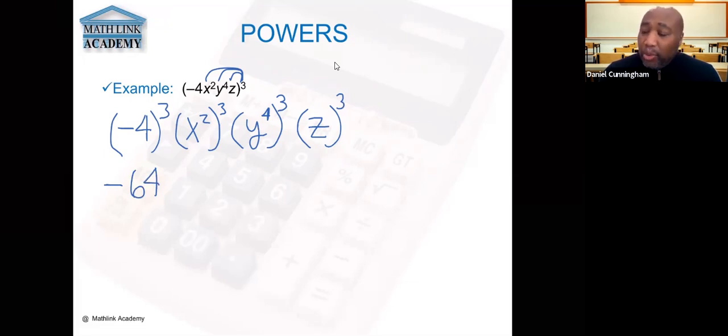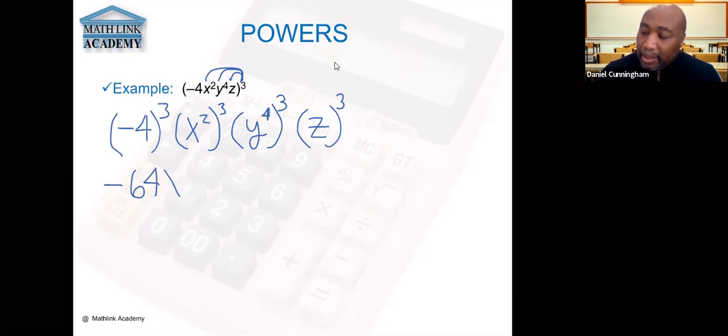Now, x squared to the third power: you can say x squared times x squared times x squared, 3 times. When you think of it like that, it's 2 plus 2 plus 2, which is 6. A quick way to look at it is that when you raise a power to a power, you multiply those two numbers.